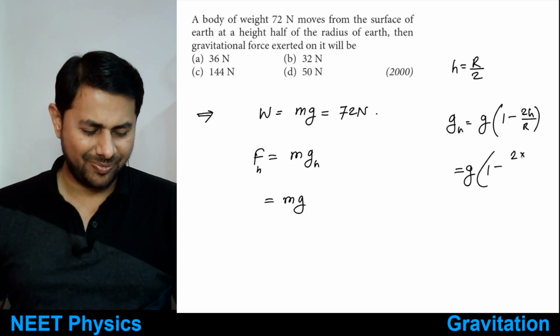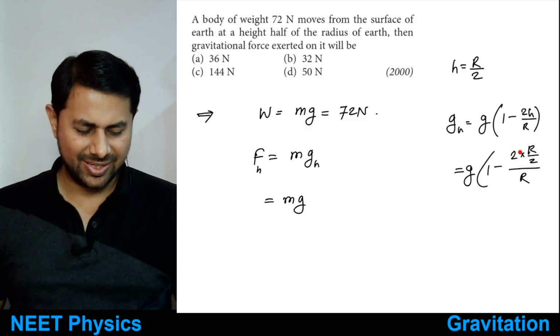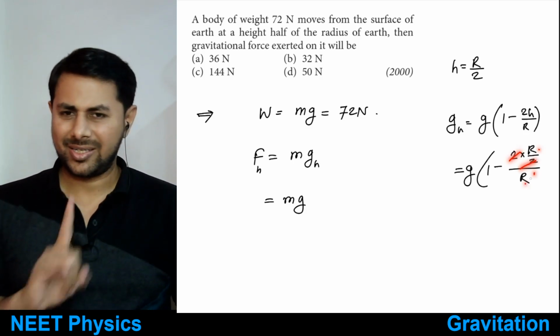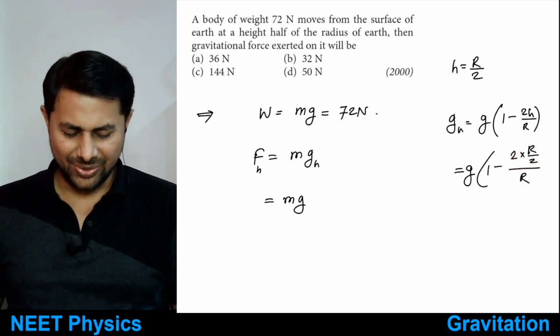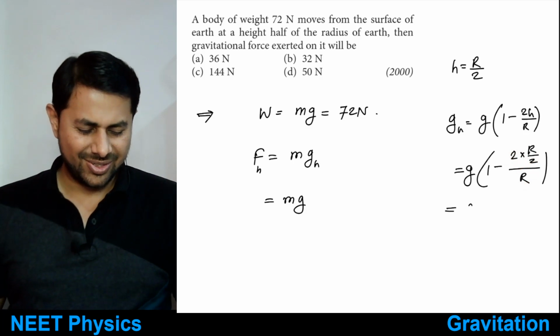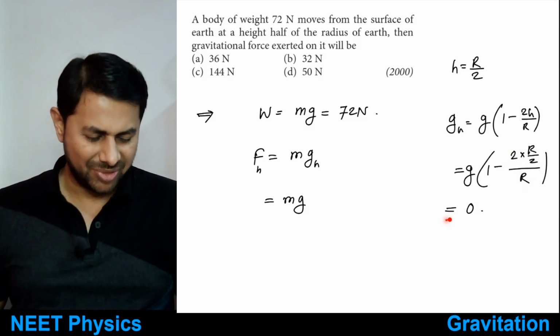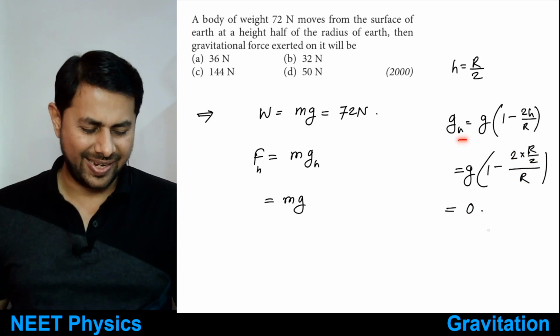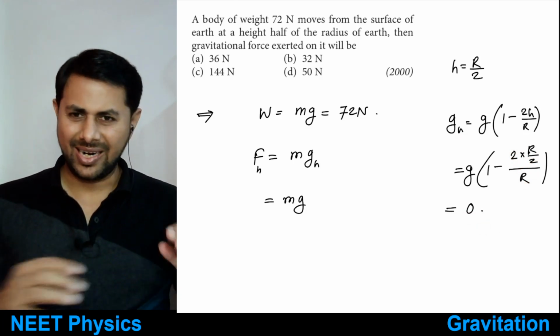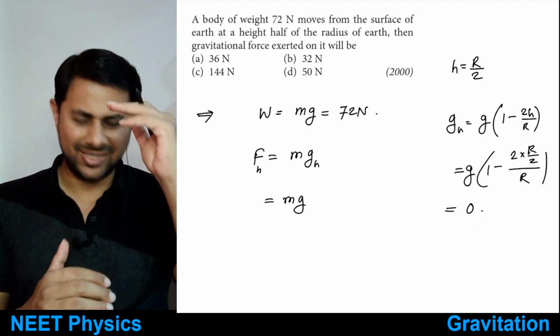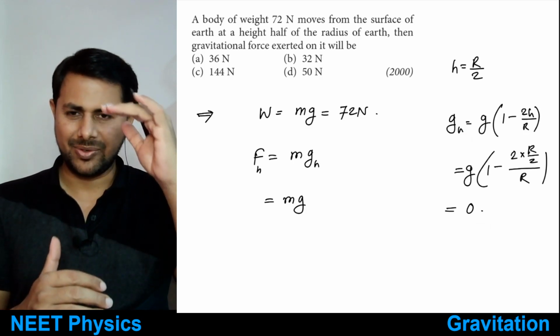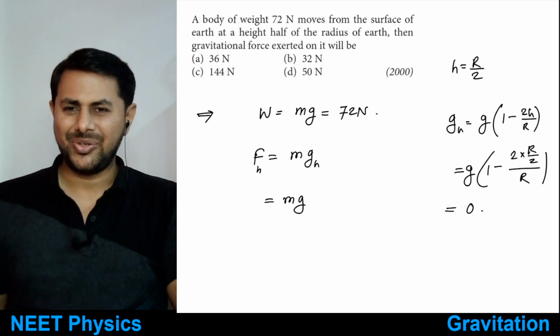2 times R by 2 by R. What is this thing? R divided by R is 1. So 1 minus 1 is 0. So this formula is giving you a horrible result, right? It's saying that acceleration due to gravity at height equal to R by 2 is 0.